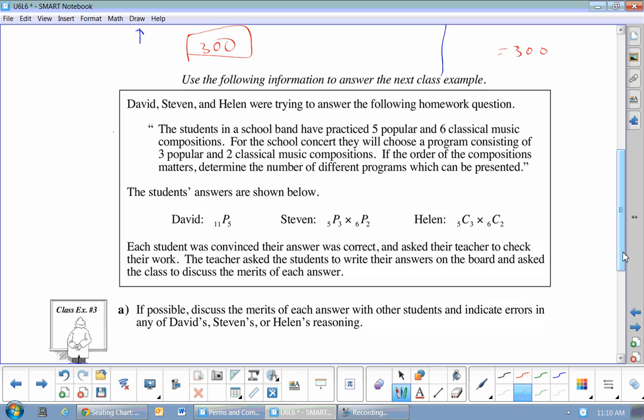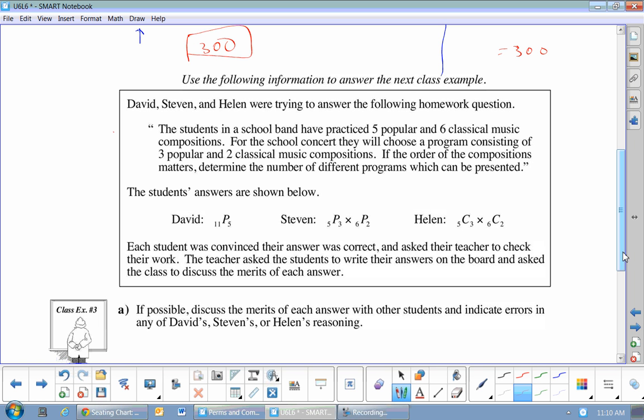Okay? For the school concert, they will choose a program consisting of 3 pop songs and 2 classical music songs. If the order of the compositions matters, determine the number of different programs which can be presented.